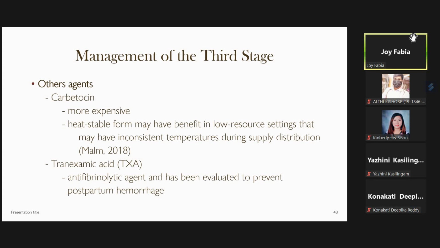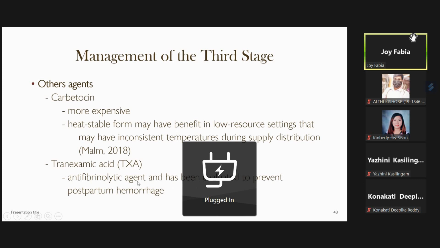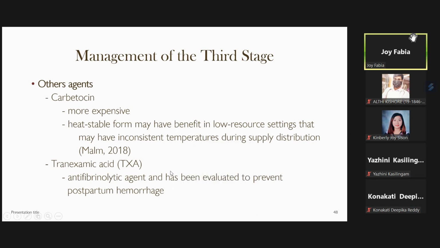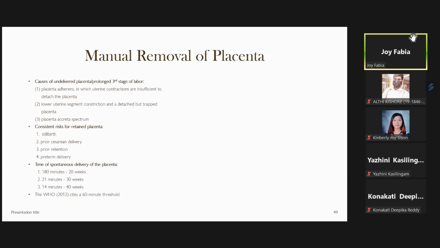And then, we have to take note also in patients na may mga clotting problems kasi hindi natin siya pwedeng basta-basta ibigay for patients who have clotting problems or history of strokes.